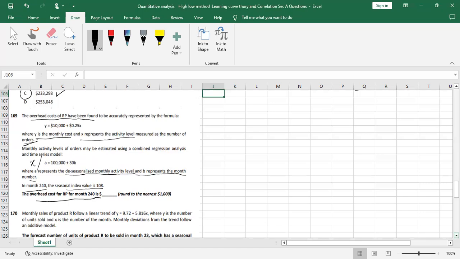With the help of this equation: X or A is equal to the constant value 100,000 plus 30B. Now what is B? B here is the number of months. But he has also provided us with the adjustment of indexation or seasonal index value. So first we will solve this value and calculate this answer.